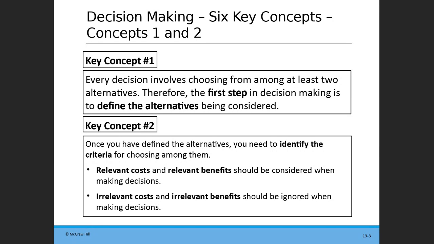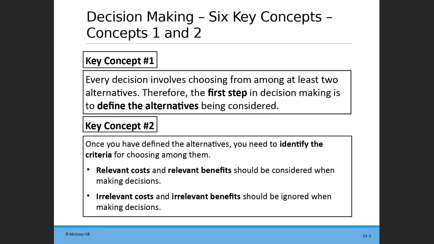Then you can pick out the data you need. So the next concept is, I know what my choices are. What is relevant to that choice? What are the relevant costs, and what are my relevant benefits? That's what I pay attention to when I make my choice. Not the irrelevant costs, not the irrelevant benefits. I need to ignore them.